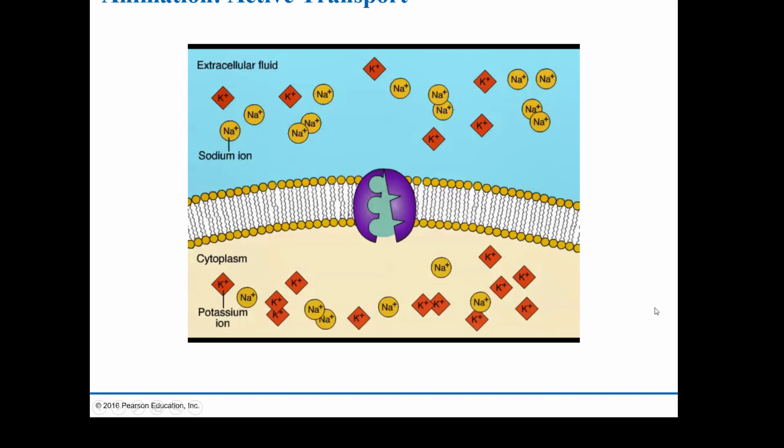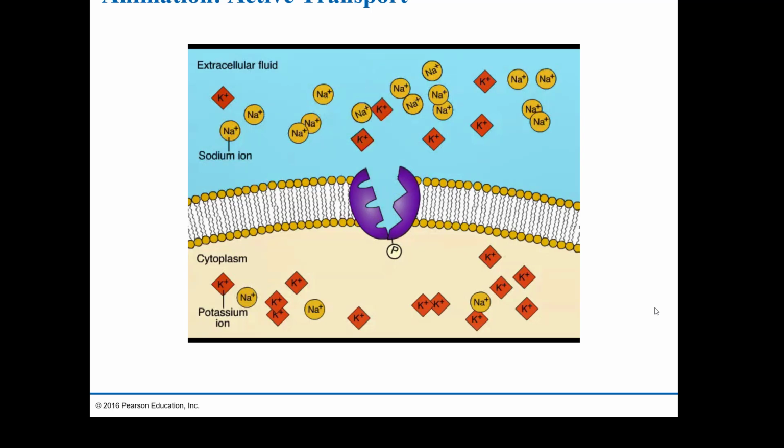This process is called active transport, and it requires input of energy from ATP. For instance, most animal cells need to expel sodium ions, Na+, and take in potassium ions, K+, both against their concentration gradients. Here is how the sodium-potassium pump works.